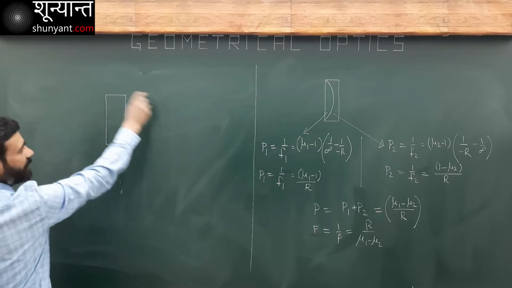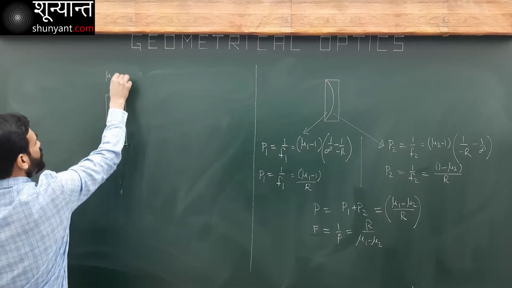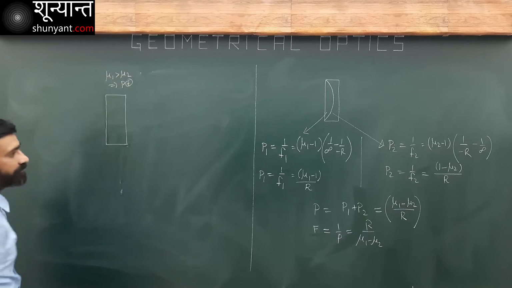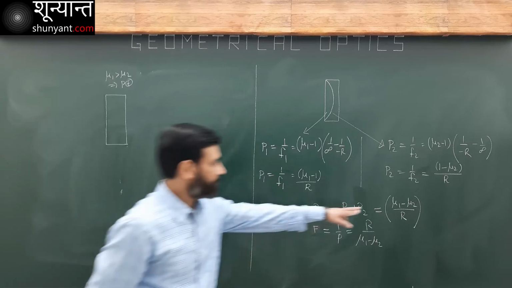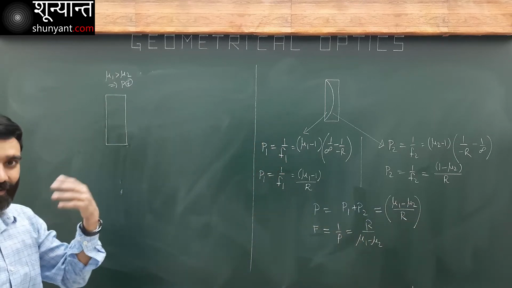Let's say that mu1 is more than mu2. In that case, power is positive. If mu1 is more than mu2, then power is positive. It is going to be like a converging lens.